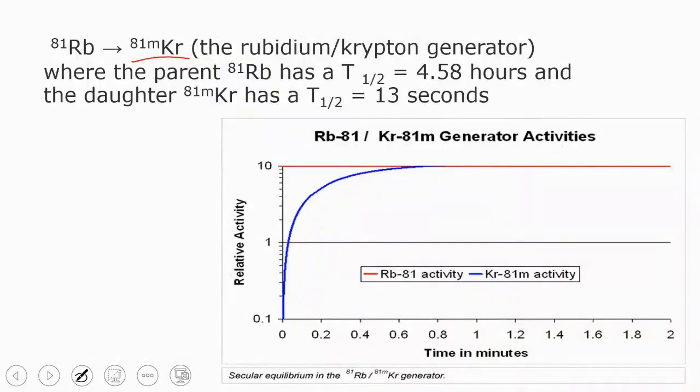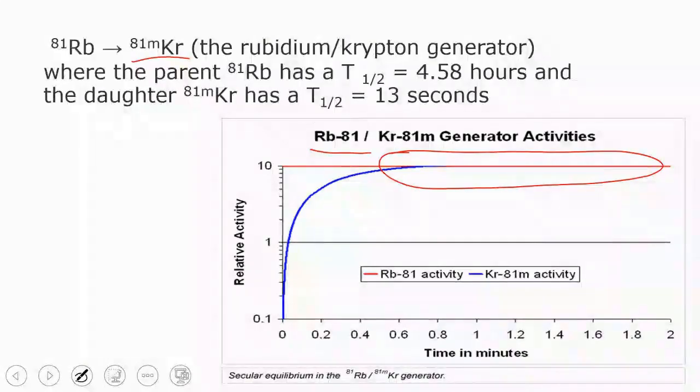But what happens here is called what? It means comparing a very long half-life with the krypton, which has a half-life of 13 seconds. Imagine that after 13 seconds, if you have 100 millicuries of this krypton, after another 13 seconds, it will be 50.